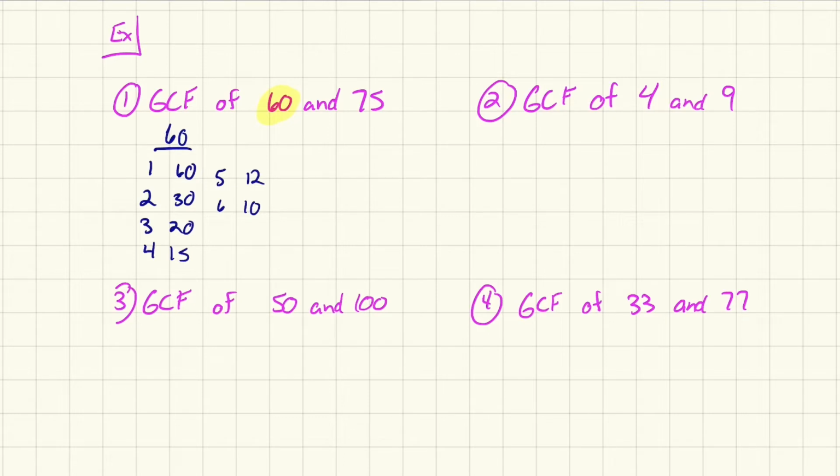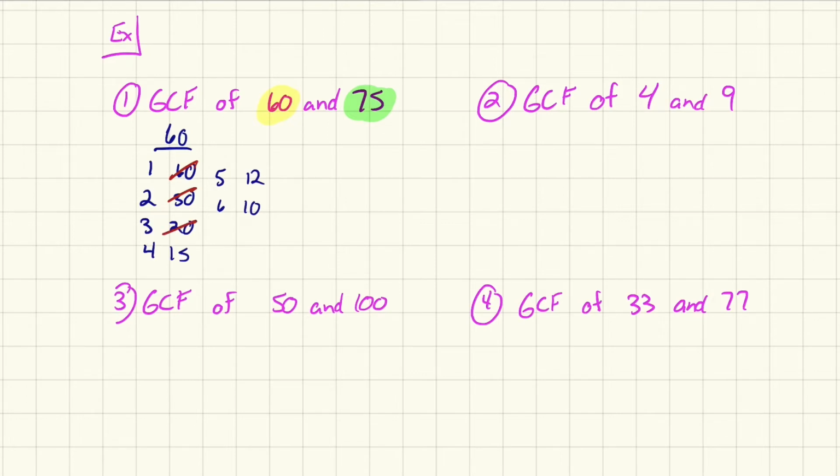But now I need to ask myself, what's the biggest number that will go into 75? Well, we can go one by one from the largest number to the smallest and just try to cancel things out. Can 60 go into 75 evenly? No. Can 30? No, because 30 times 2 is 60. That doesn't work. Can 20 go into 75? No, it can't.